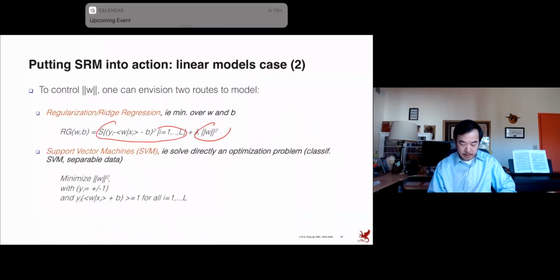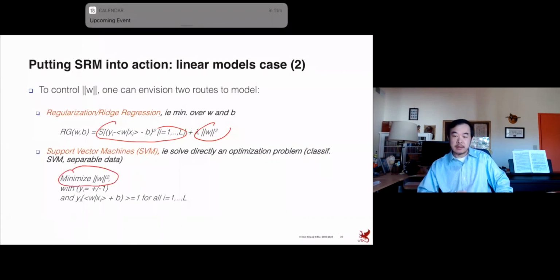Okay, and that actually leads to the technique of support vector machine, which was covered in early lectures. If you remember, support vector machine is formulated as directly minimizing the orientation parameters, subject to the constraint that they make small errors, right?